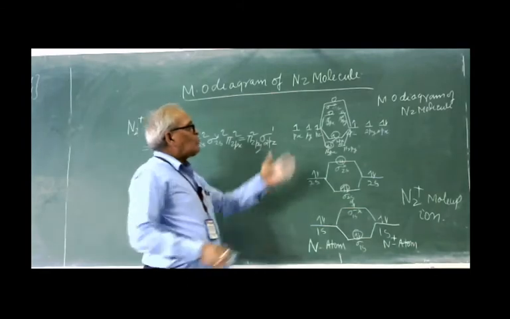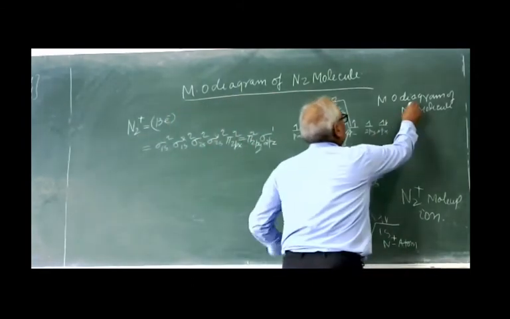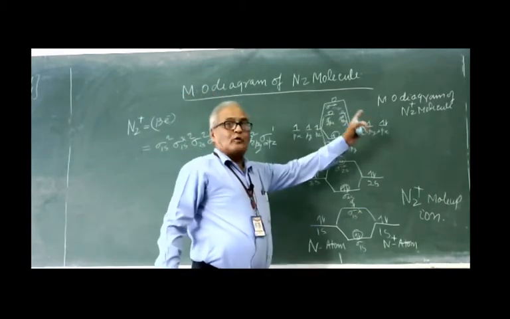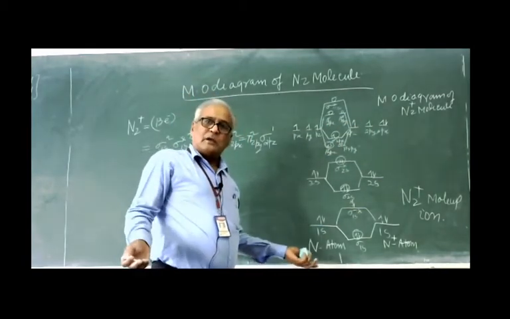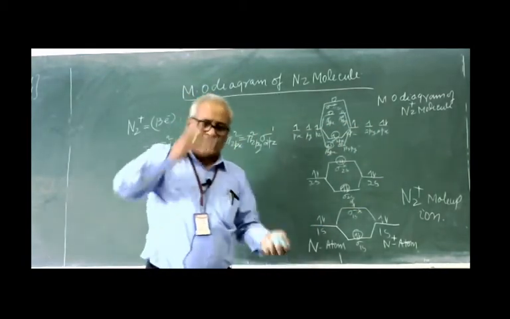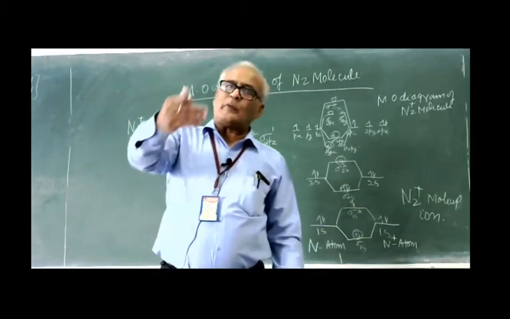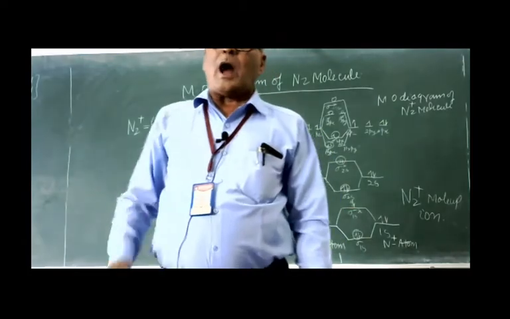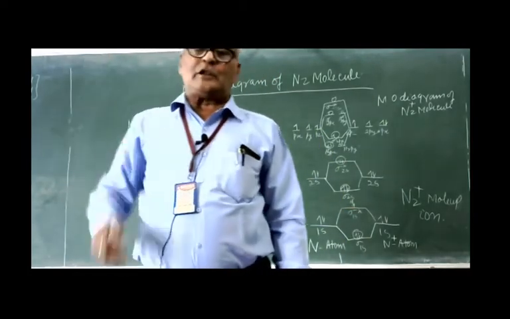This is the molecular orbital diagram. Here you can say this is the MO diagram of the N2 plus molecule. The diagram is the same because the order of the energy levels is the same in the N2 molecule, the N2 plus molecule ion, or the N2 minus molecule ion.